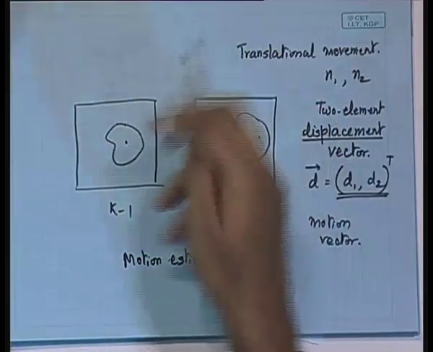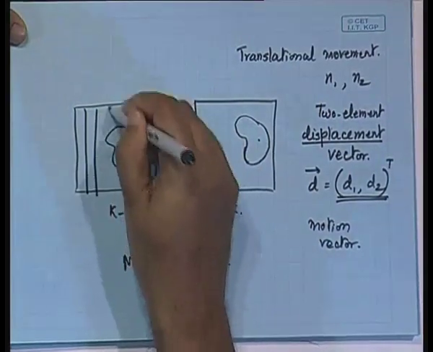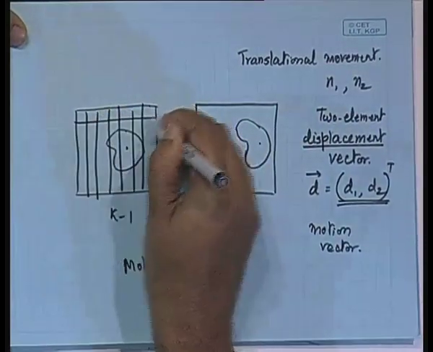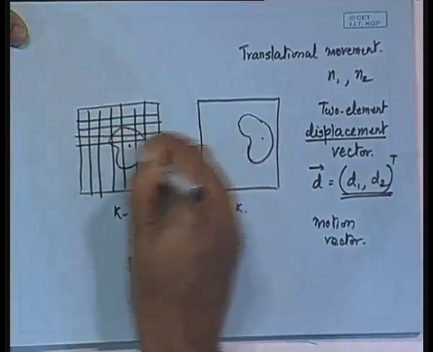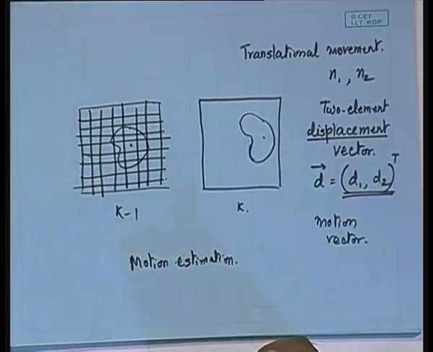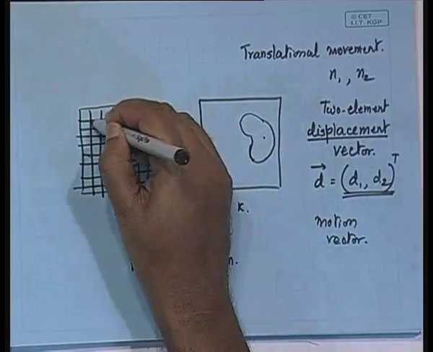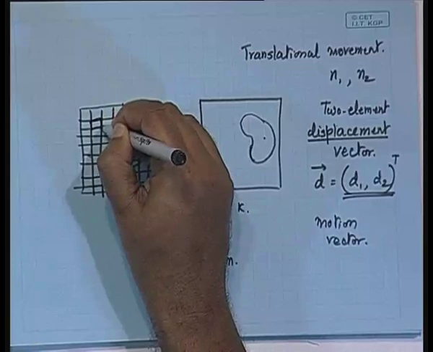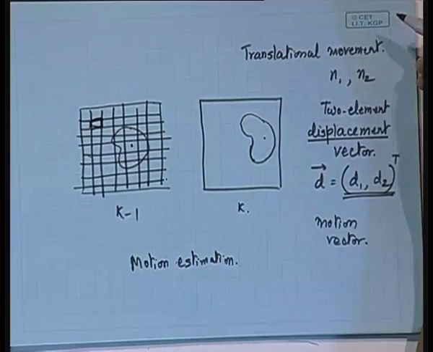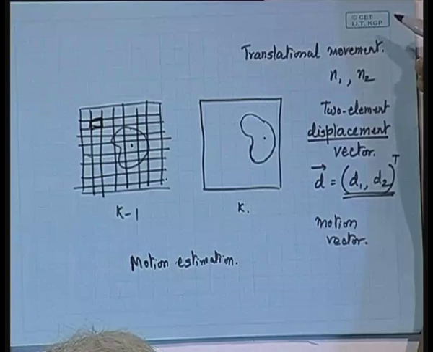Now, if I subdivide this image into non-overlapping blocks like this, let us say of 8 by 8 size, and then I estimate the motion vector for each individual block, just try to see the computational intricacies involved in that.